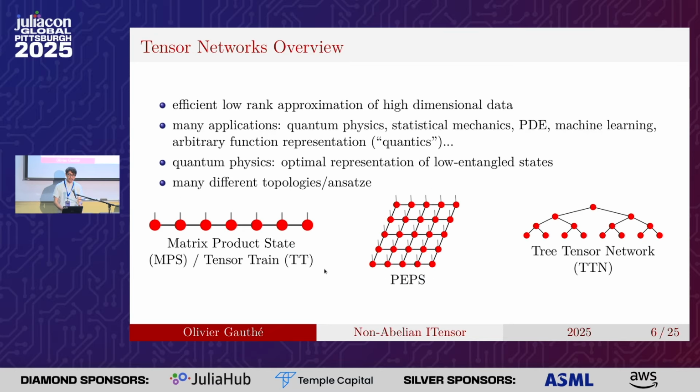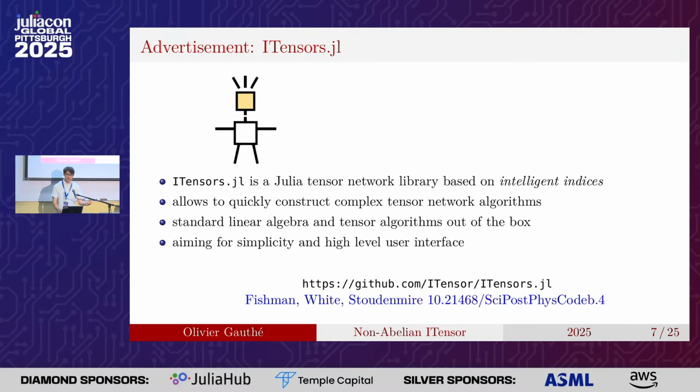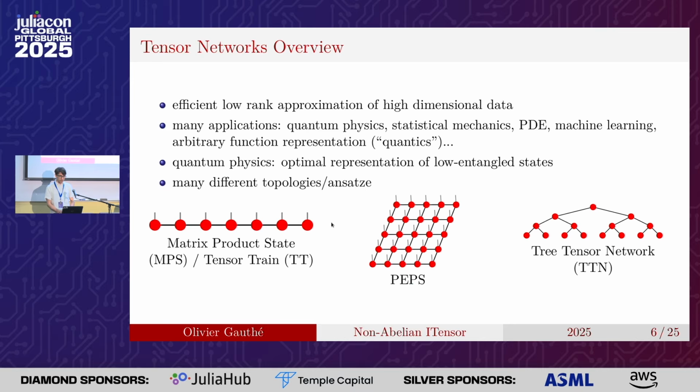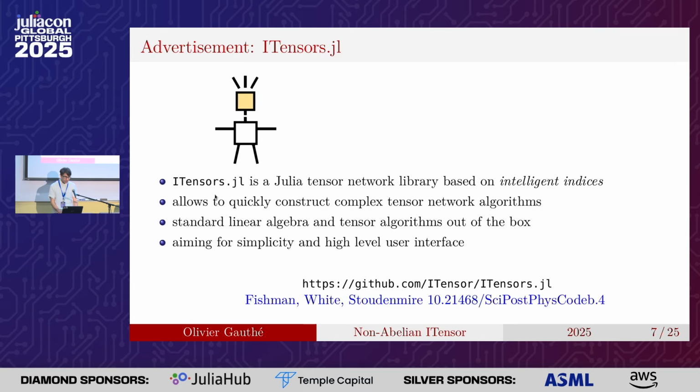As you can see here, there are many legs, so you need a convenient way to deal with all these legs. And this is where ITensor comes in. ITensor is a Julia library developed at the Flatiron Institute, and it allows you to quickly build algorithms for tensor networks with a large number of legs without digging too much into the details of how you define each of these objects.